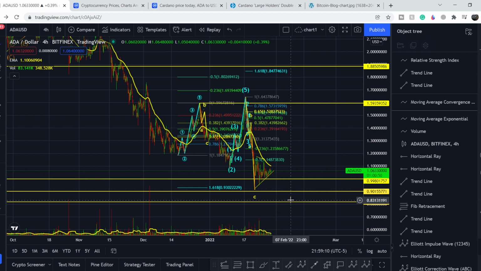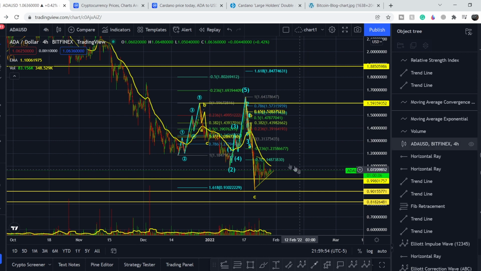But if you want to invest in this asset, fundamentally, nothing has changed for Cardano, and that's why you can add to your position on every daily red candle, and this will give you a more attractive average price to have more profits in the future. But all in all, I think we won't see any breakouts out of this formation during this weekend, and we have to wait for the traditional market's reaction.